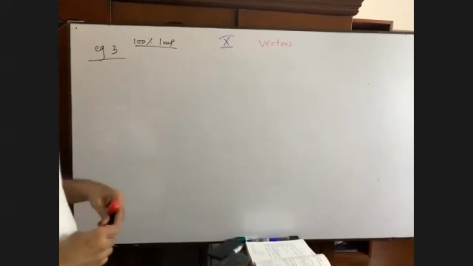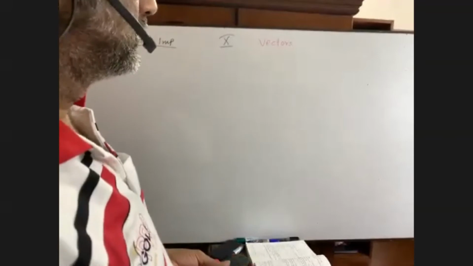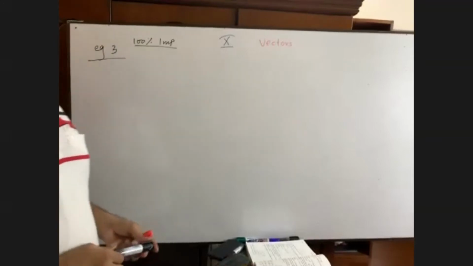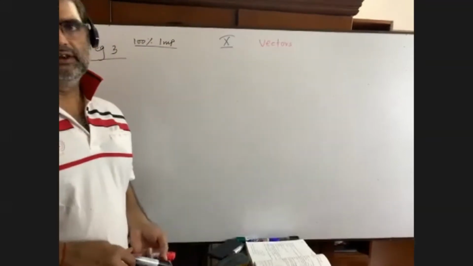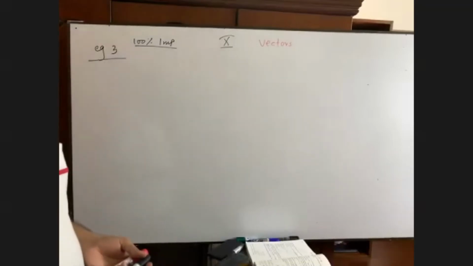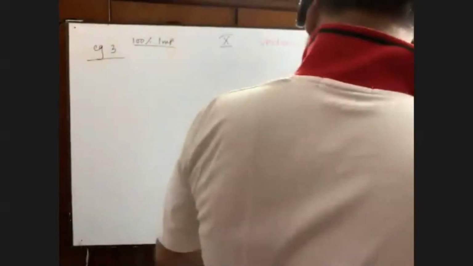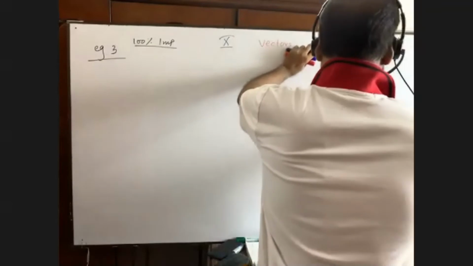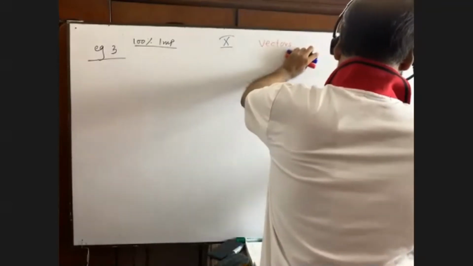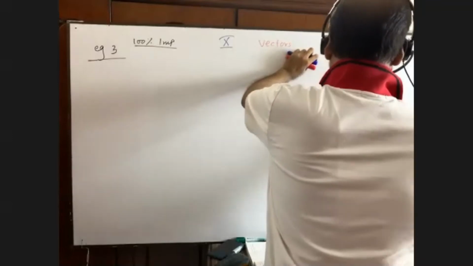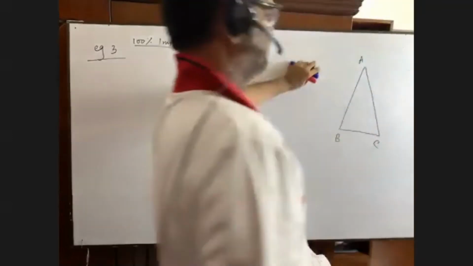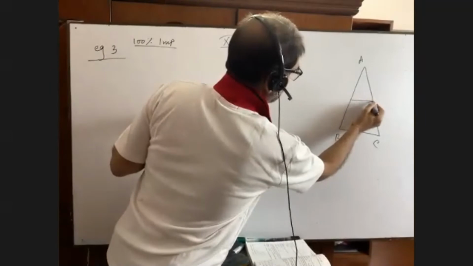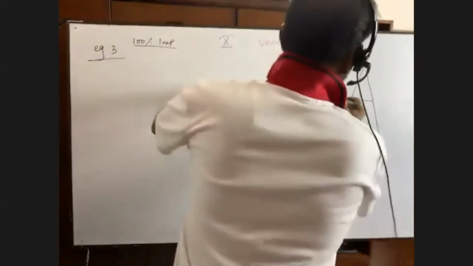I want you to go through this question at first. You did this question in geometry, mathematics geometry, exercise 6.3, theorem number 15. You also did this math in class 8. So please pay attention. Suppose ABC is a triangle, and M and N are the midpoints.